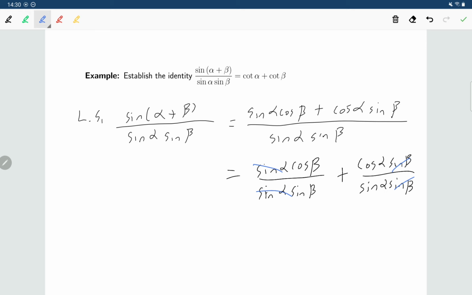And so we're left with cosine beta over sine beta, which, if you're remembering, cotangent of an angle is cosine over sine. So if we know that, then cosine beta over sine beta, that is cotangent beta.